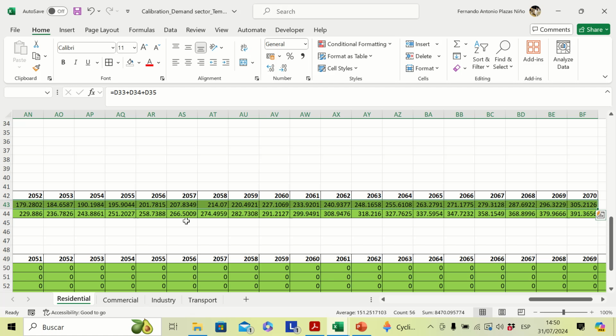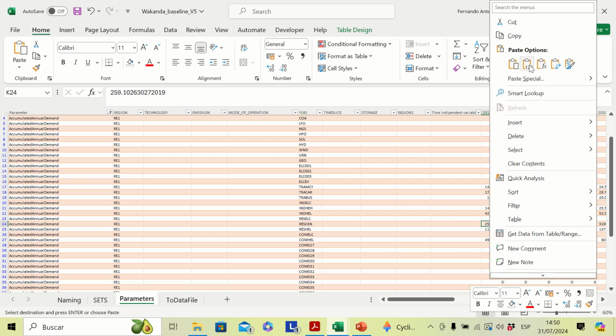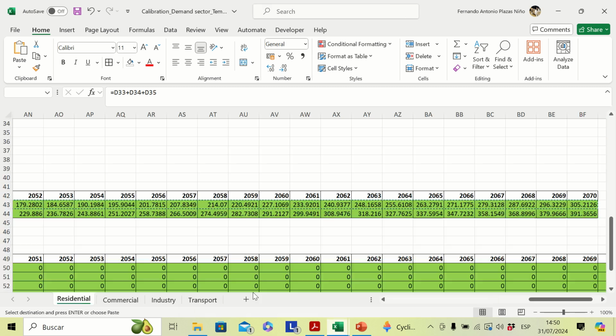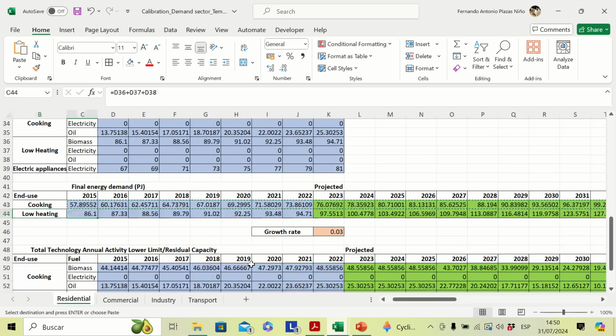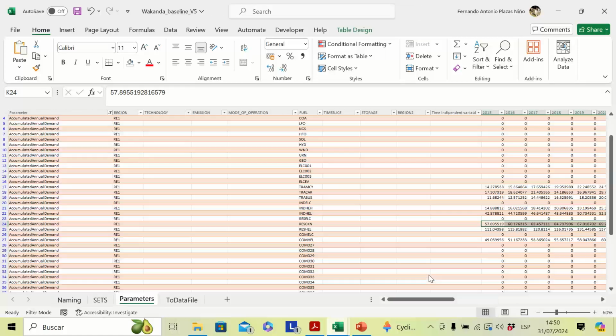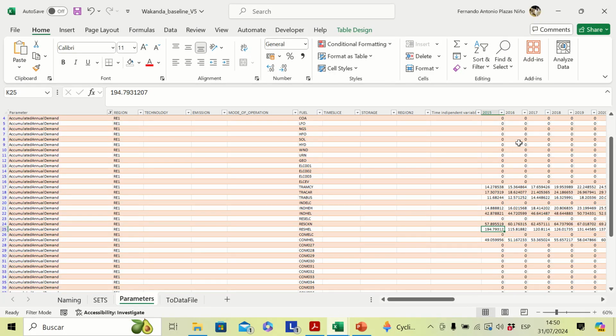We're going to copy the one for cooking, then come back to the model. This is over here for cooking, and then we just need to paste it as values. And the same would be for the case of low heating. So we just need to copy, then go to the file, and then change it according to the values.